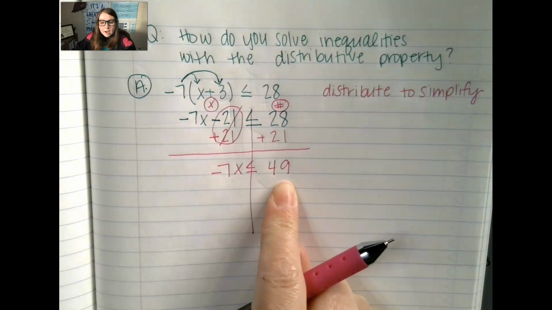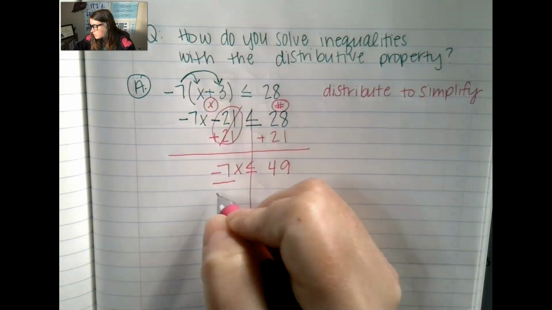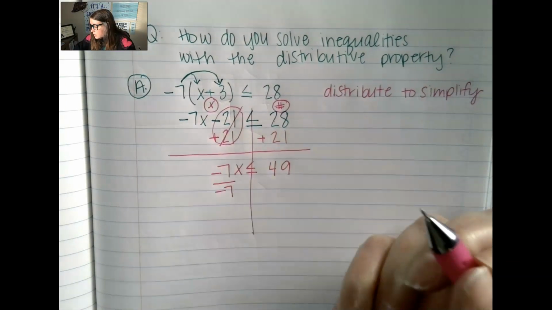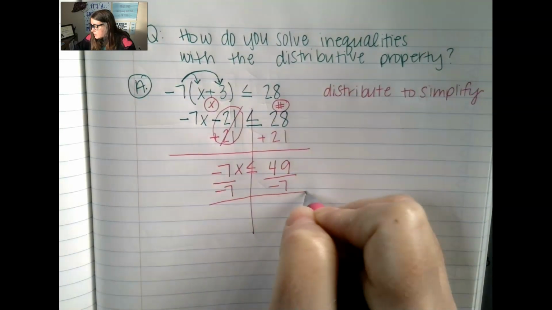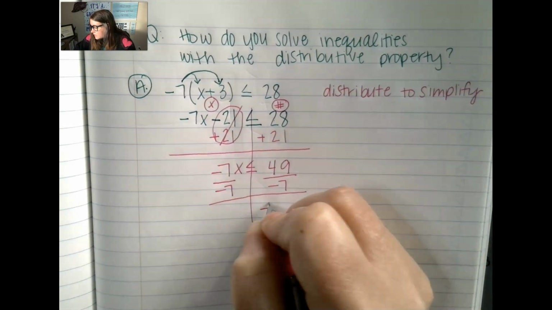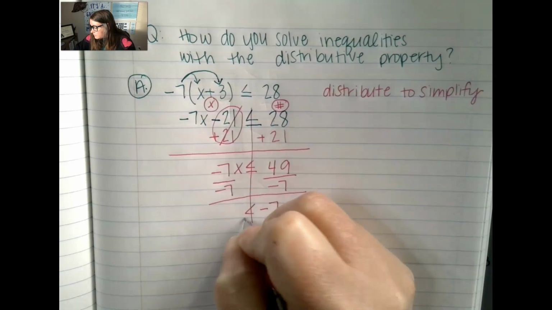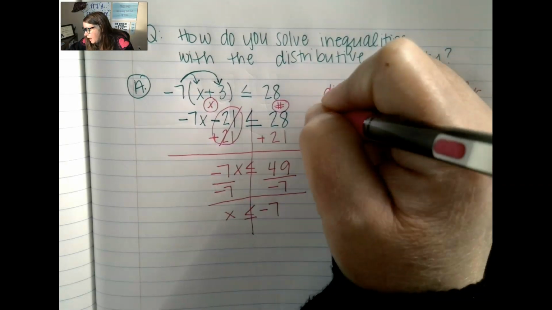So we're going to now undo multiplication, which tells us to use the opposite, which is division, and divide by -7. So I have a positive divided by a negative. This gives us -7 left over, and we're ready to graph.